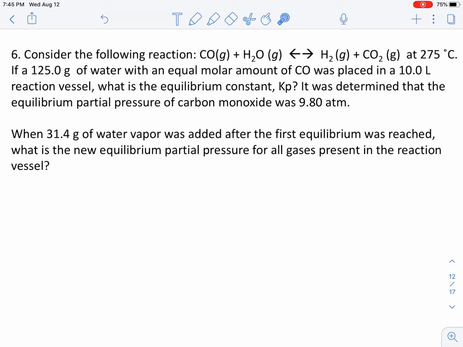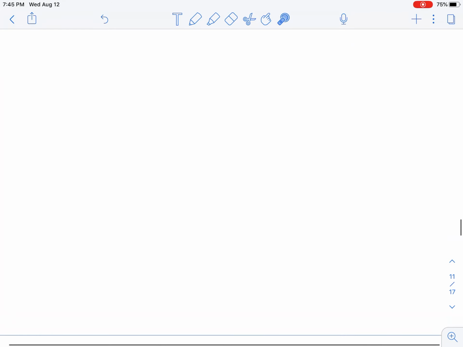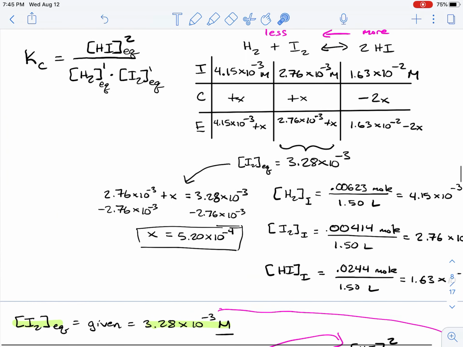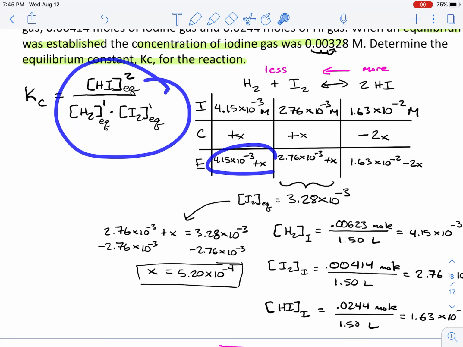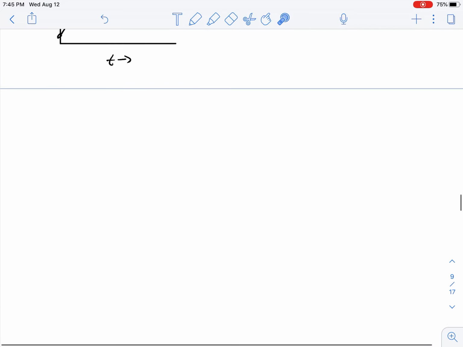So in a sense, just by reading the first part of this problem, it's very similar to how we would tackle solving for Kc here. So we just need to determine the equilibrium concentrations. And we can do that since one of the equilibrium concentrations is provided for us.